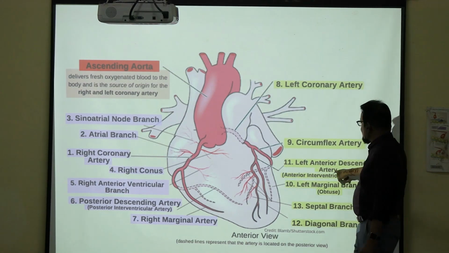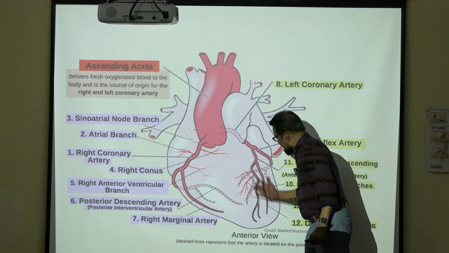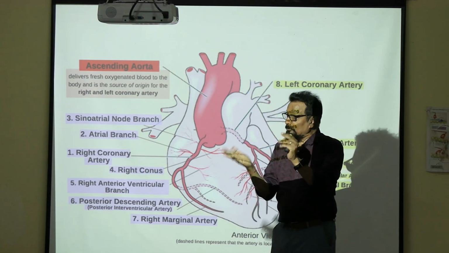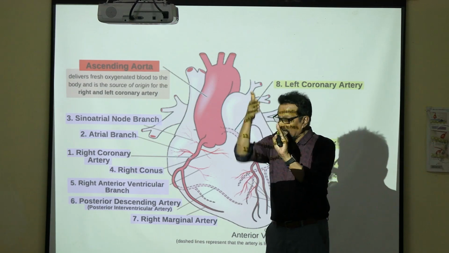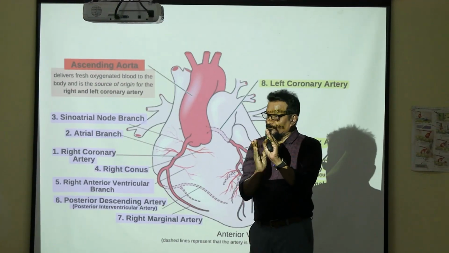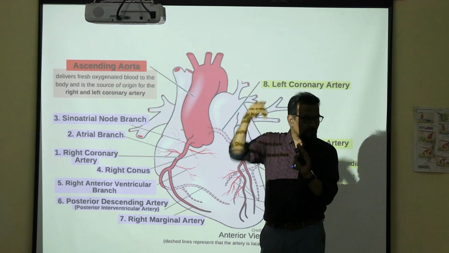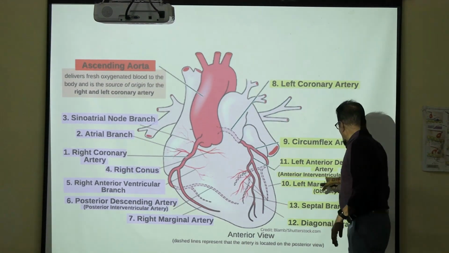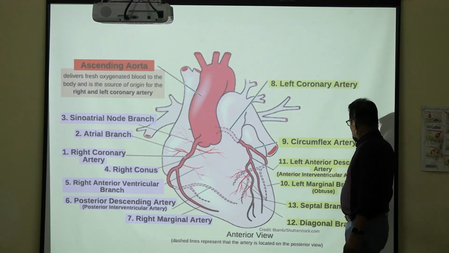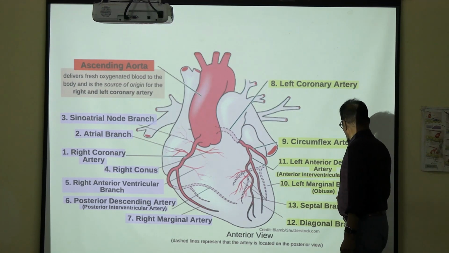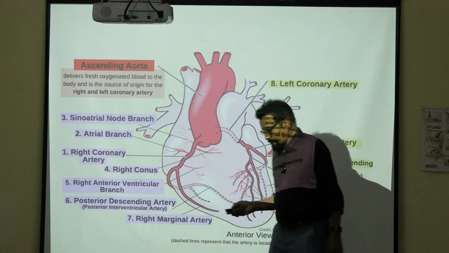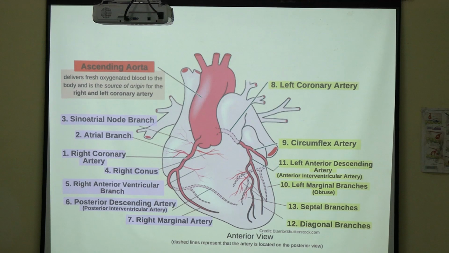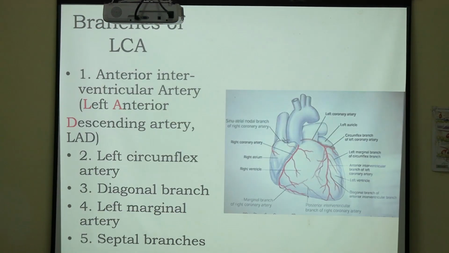And this one is the left anterior descending artery, which will pass through the interventricular sulcus. Between the two ventricles, superficially, there is a sulcus, so it will pass along this sulcus. These are the branches of the left coronary artery.